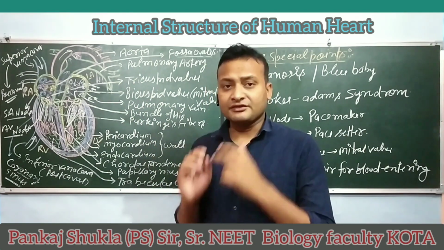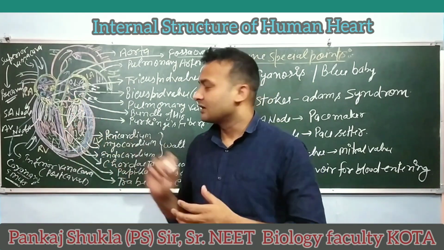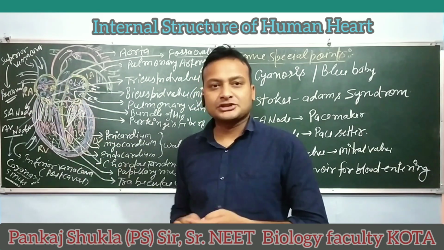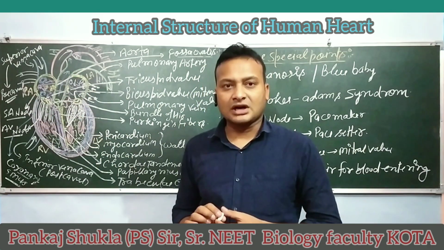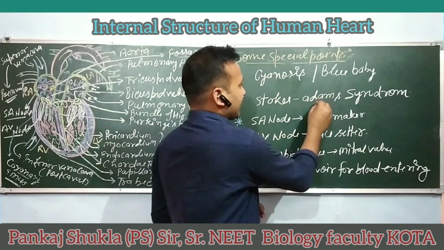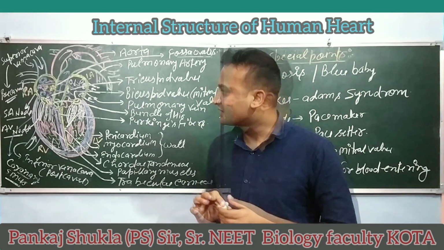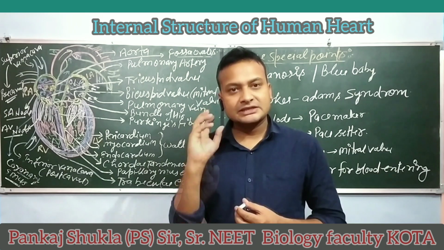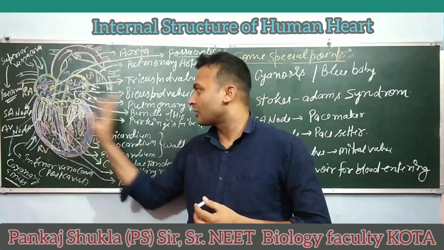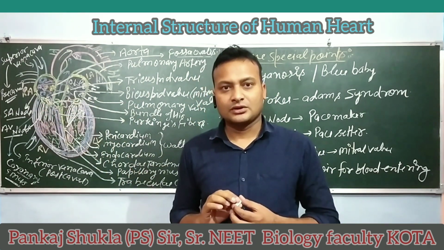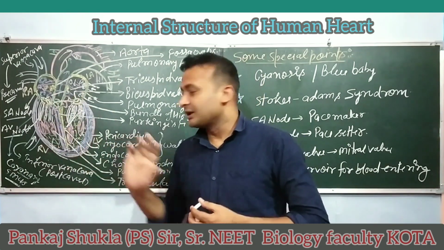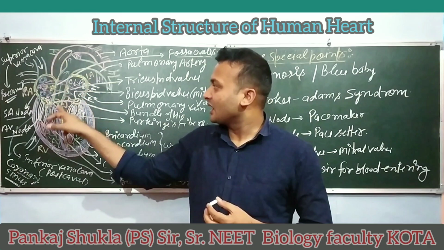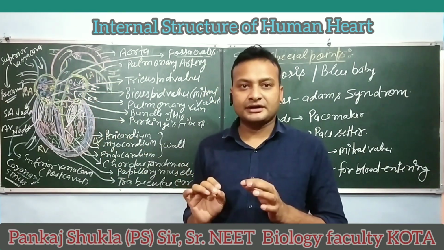The problem in which the heart rate is reduced due to degeneration of the SA node is called Stokes-Adams syndrome. Another case is damage of chordae tendineae. There is then no proper opening of the tricuspid or bicuspid valve, so blood flow in the aorta and pulmonary artery is reduced.